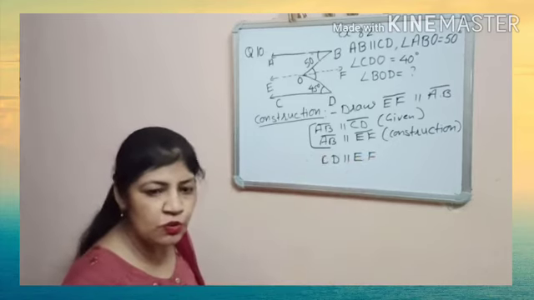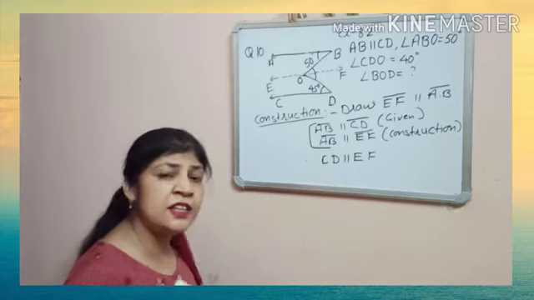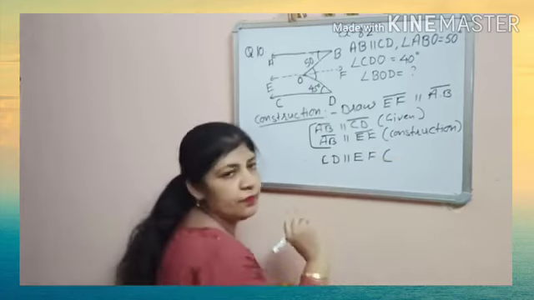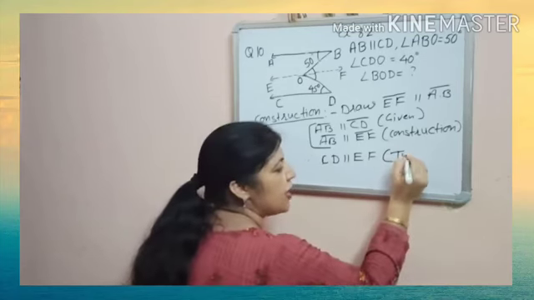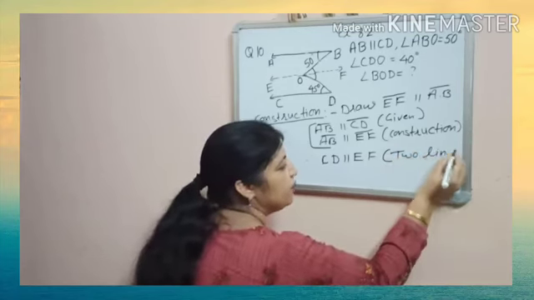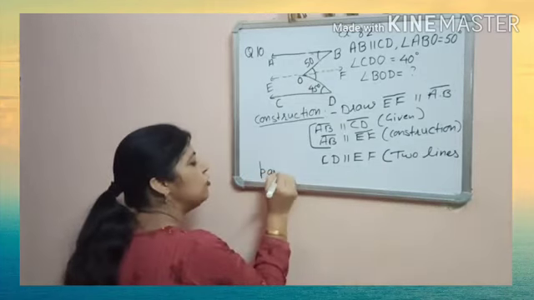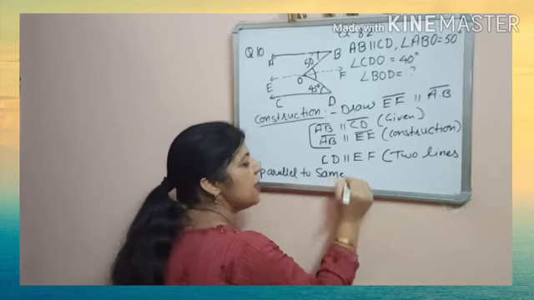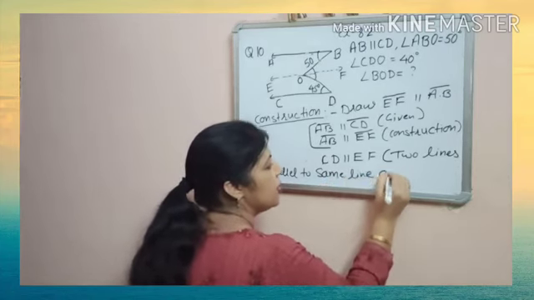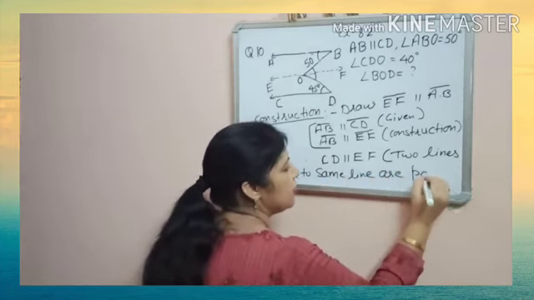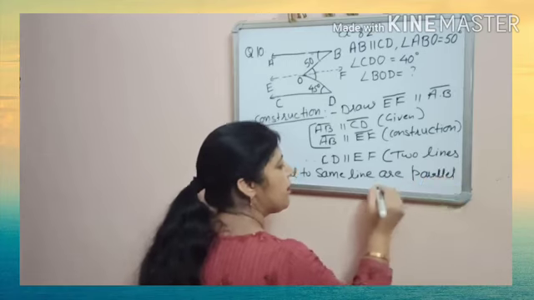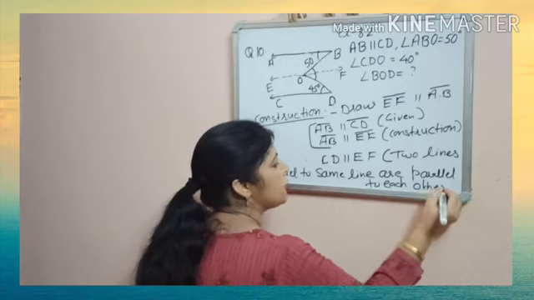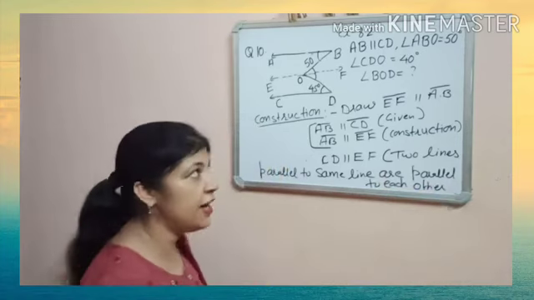As I have told you in geometry, write the reason of each and every step. So what reason? Two lines parallel to the same line are parallel to each other. Is that clear?